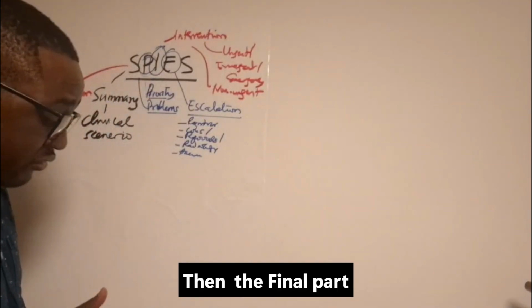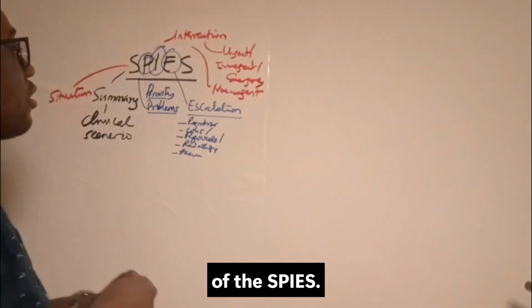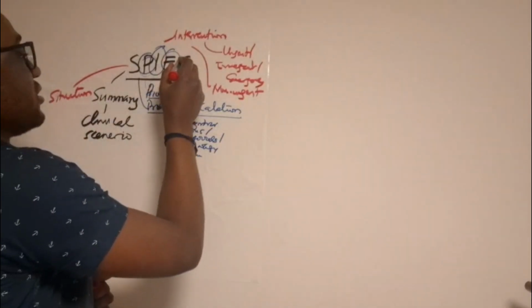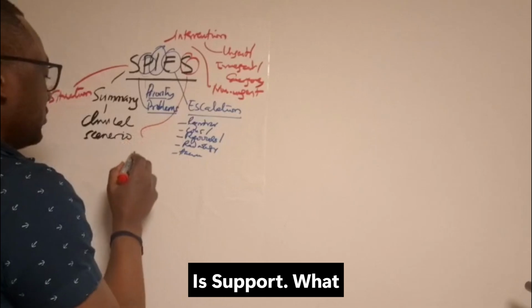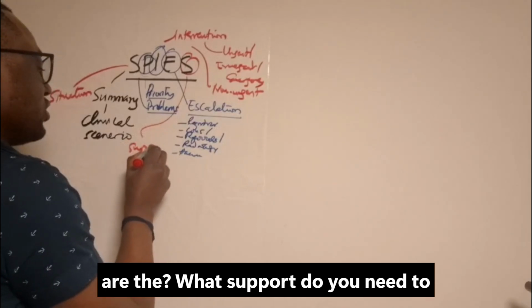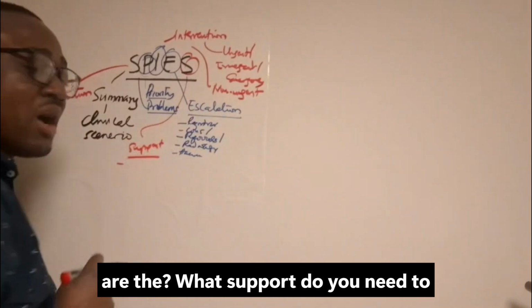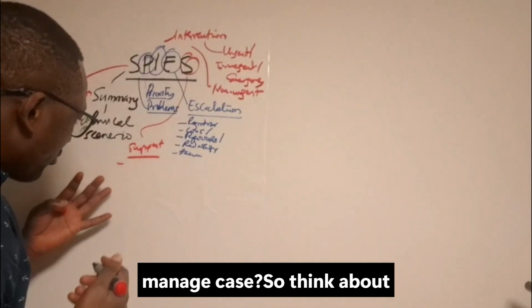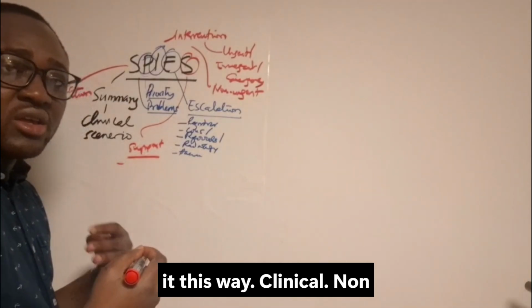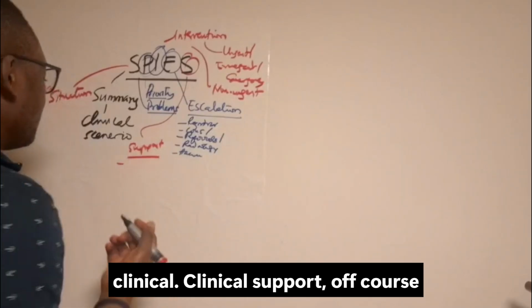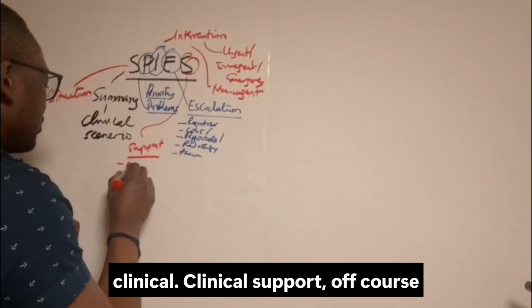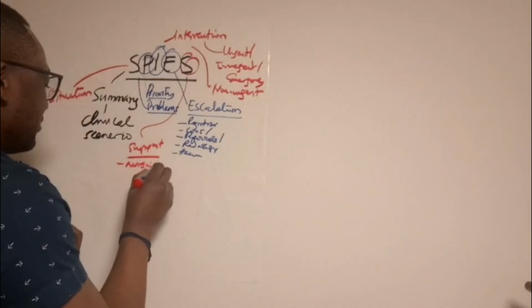Then the final part of the SPIES is support. What support do you need to manage the case? So think about it this way: clinical, non-clinical. Clinical support, of course, you need nursing staff.